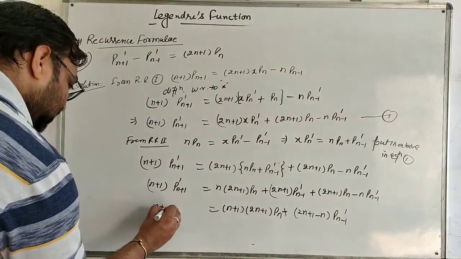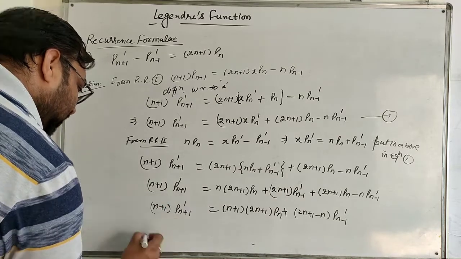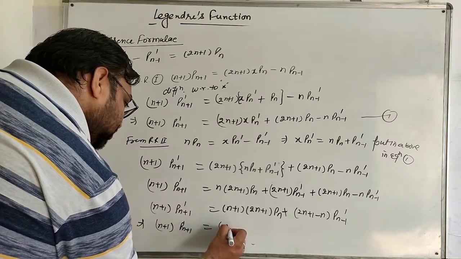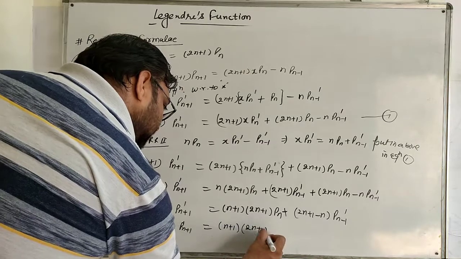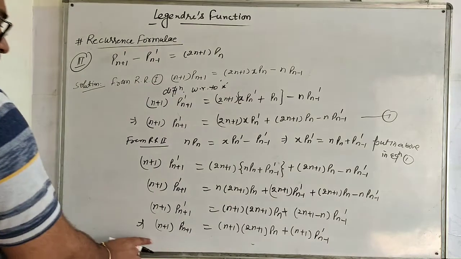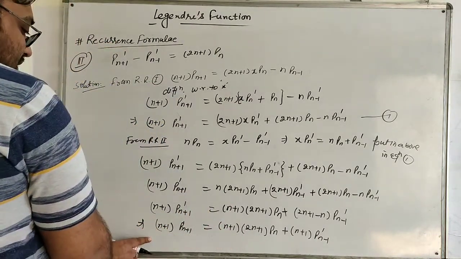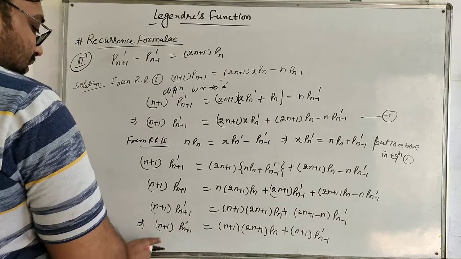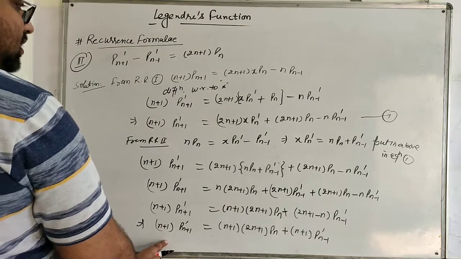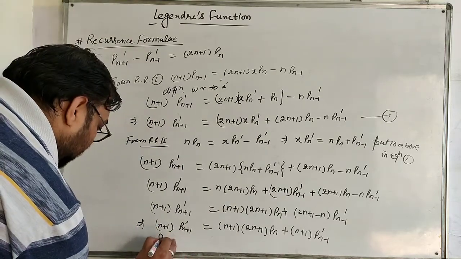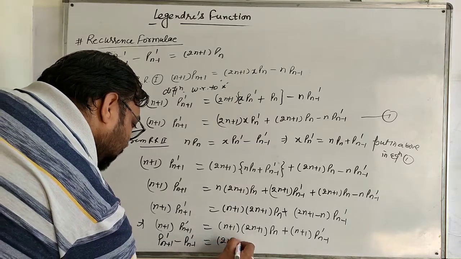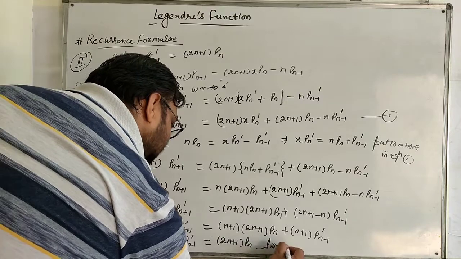That is, this is (n+1) Pn+1' = (n+1)(2n+1) Pn + (n+1) Pn-1'. So from here n+1 is in each term on both sides. So removing this n+1 from both sides and taking this Pn-1' into the left hand side, we get Pn+1' - Pn-1' = (2n+1) Pn, which is the required Lagrange relation third.